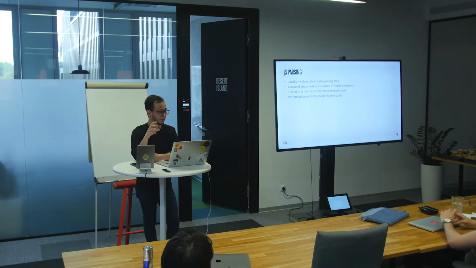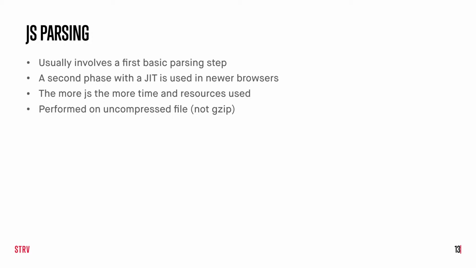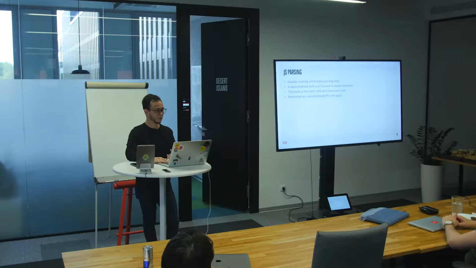V8 has to deal with the actual ungzipped file. So if it is 5 kilobytes, it's probably 200 kilobytes. If it is 200 kilobytes gzipped, it's probably like a megabyte. So these are the stats that you need to care about when thinking about performance in terms of how big your files are.